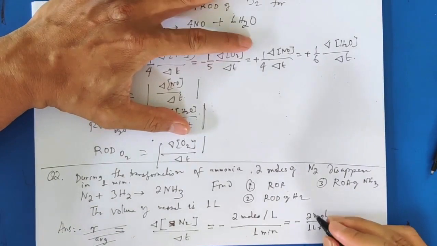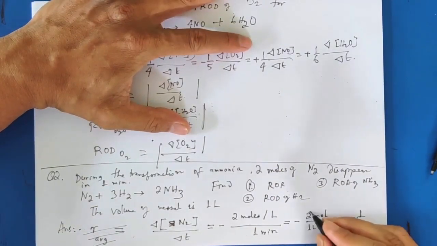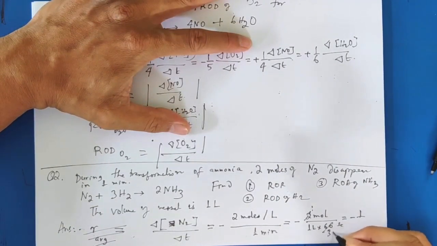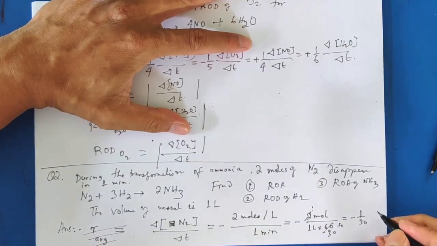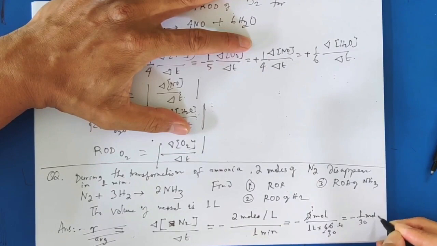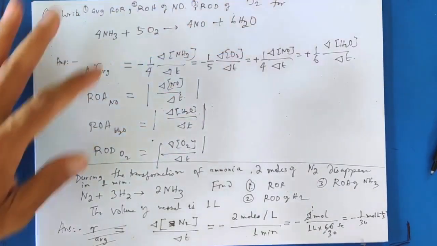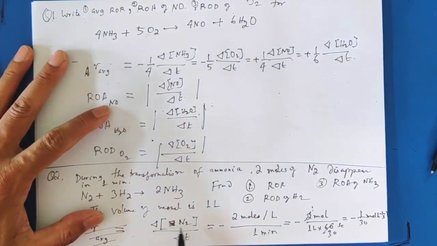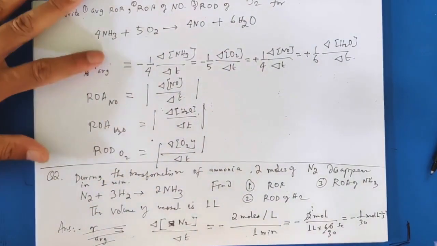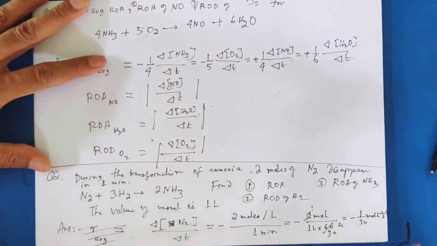This is minus, cancellation, 1 by 30. 2 ones are 2, 2 thirties are 60. So 1 by 30 mole liter inverse second inverse. Del N2 by del T is minus 1 by 30 mole liter inverse second inverse.